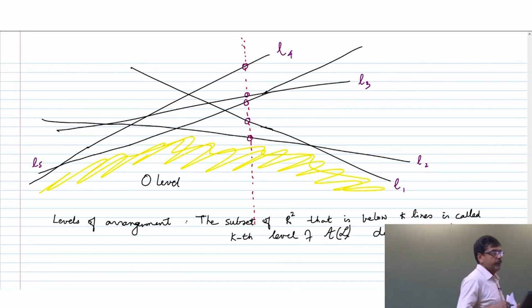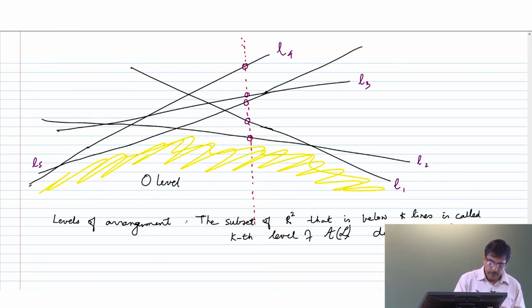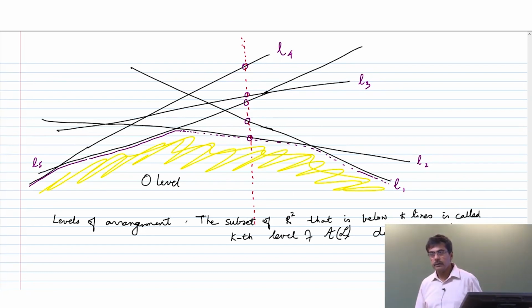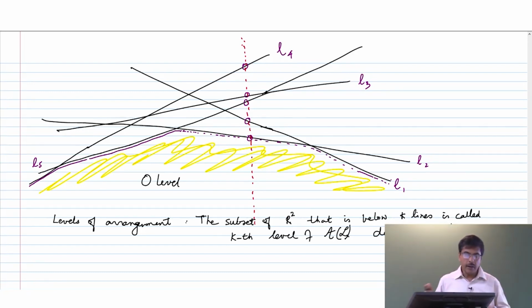And I can draw the boundary of the 0 level easily by this. So, this is the boundary of the 0th level, right. And then as I cross this boundary of the 0 level, I get the first level, level 1, right.